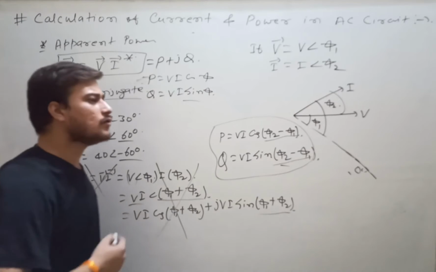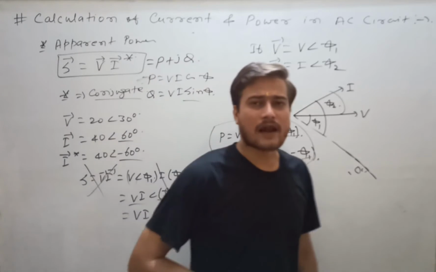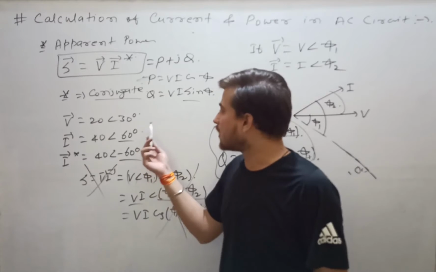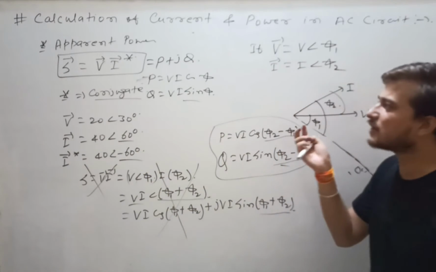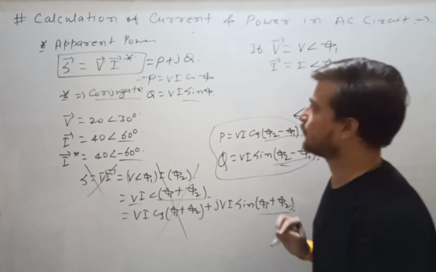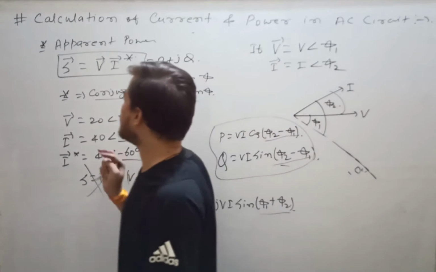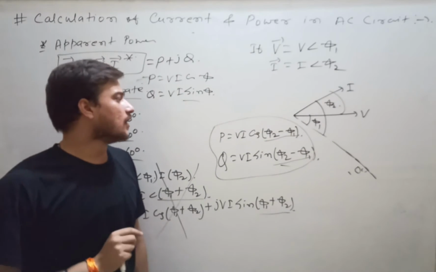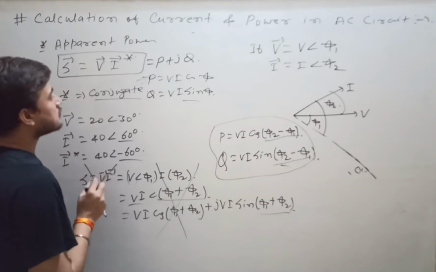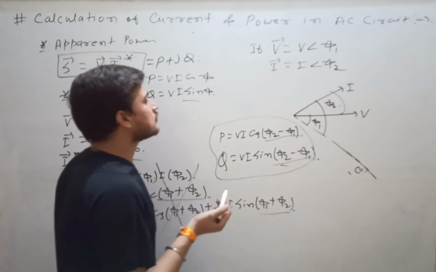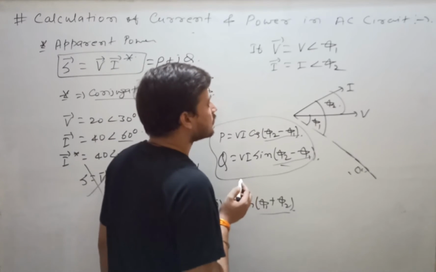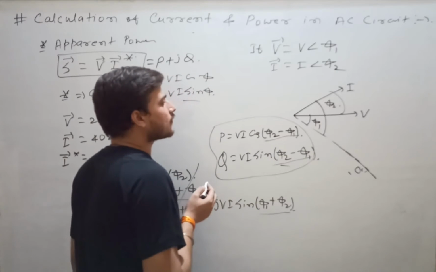Now how can you correct this one? That's why if you take the conjugate of either voltage or current, then you will easily get apparent power. Suppose you are taking the conjugate of current.